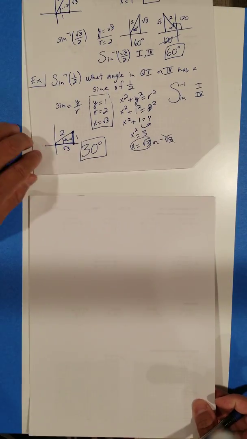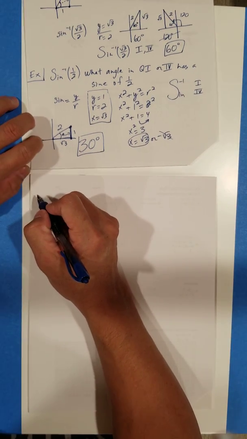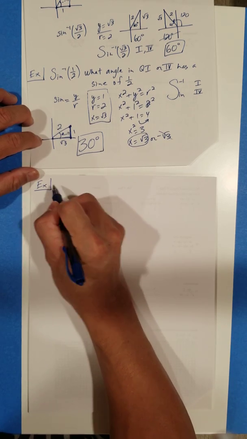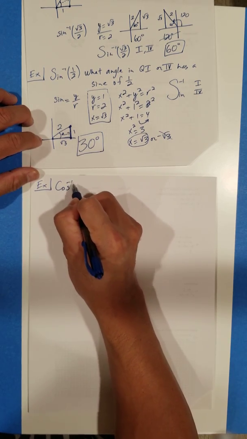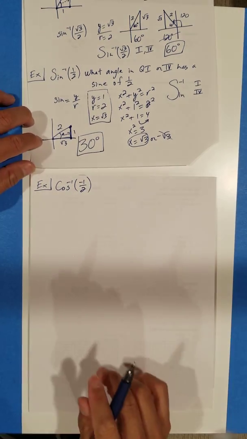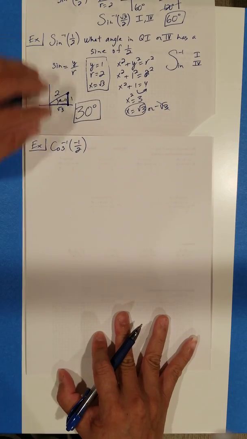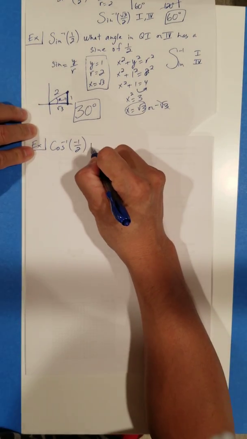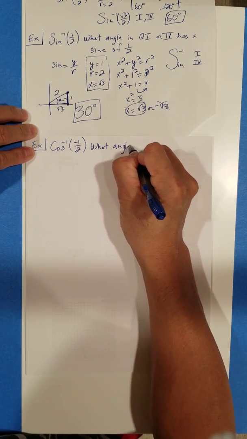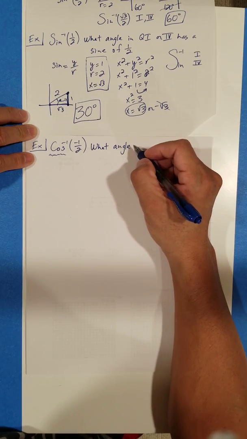Do a couple more. Okay, so next problem, we're going to deal with principal cosine inverse of -1/2. All right, so let's slide that up. So this says, what angle, remember we're dealing with cosine now.